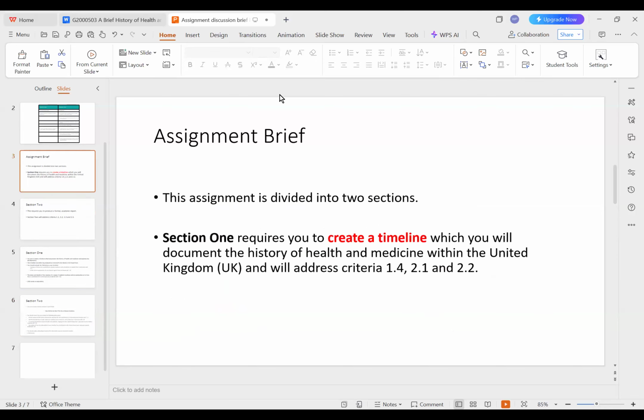Also make sure that if it's a Word document, you are using this template. I just shared the assignment brief with you. I'll show you how this will work.